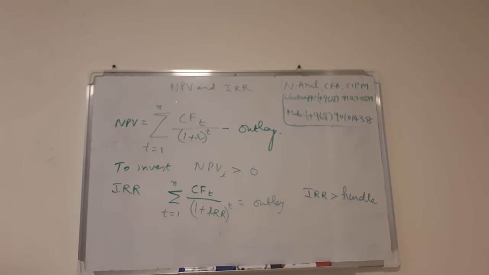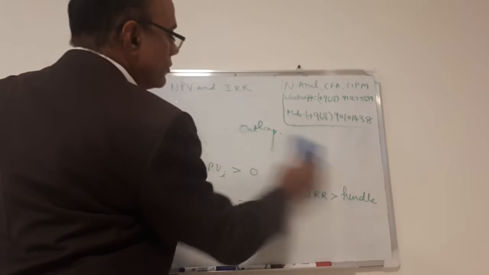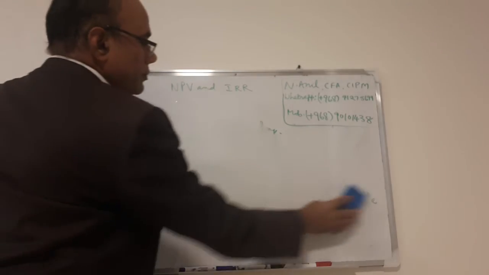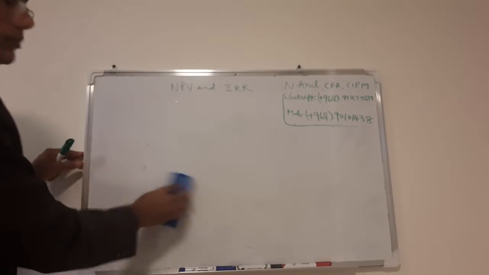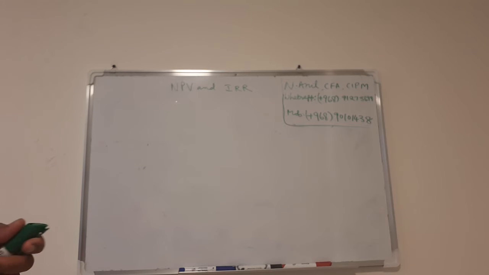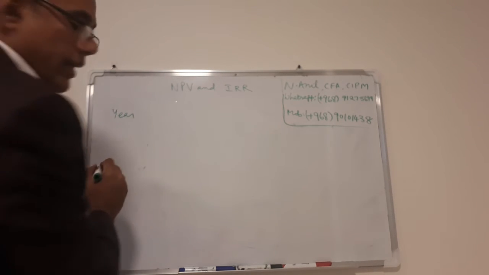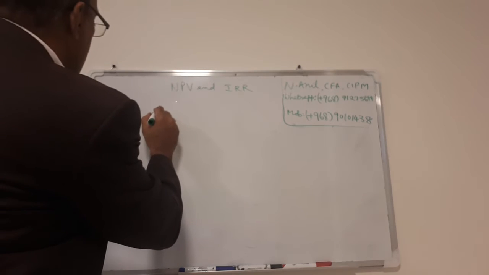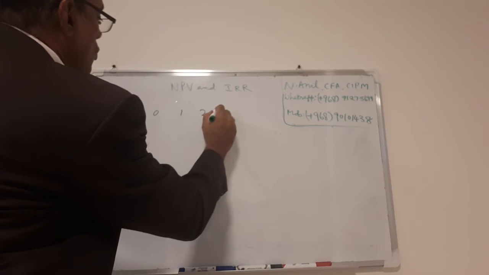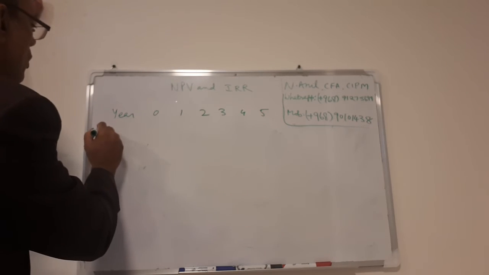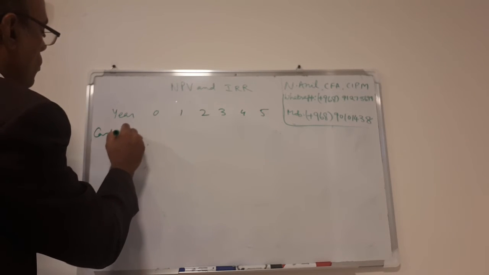So let me show you how it comes. Suppose you have the cash flows like this. Here 0, 1, 2, 3, 4, 5. So I'll put the cash flow.